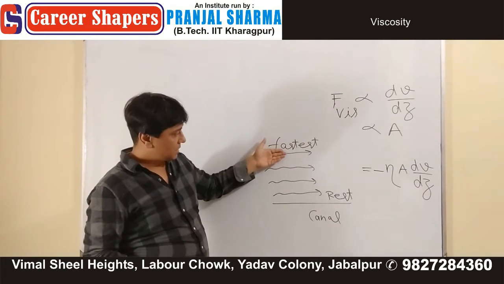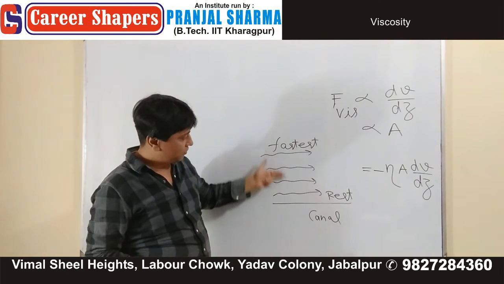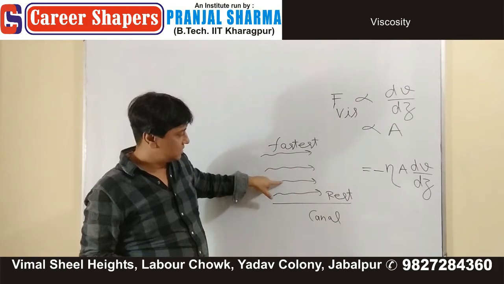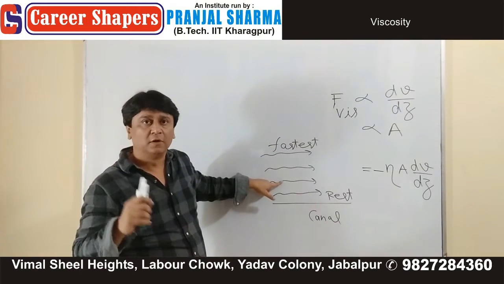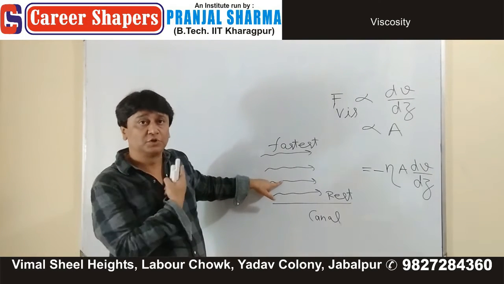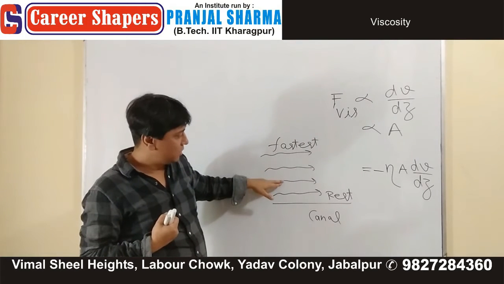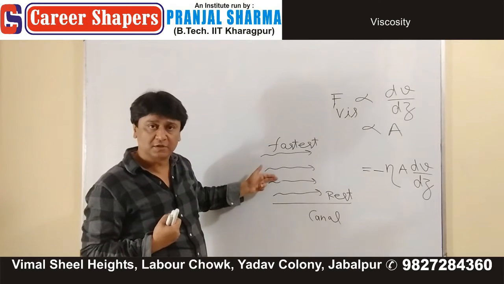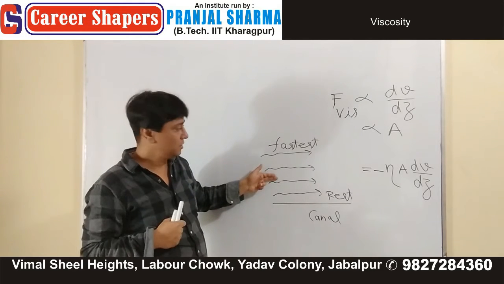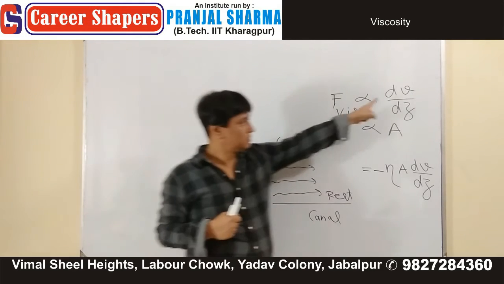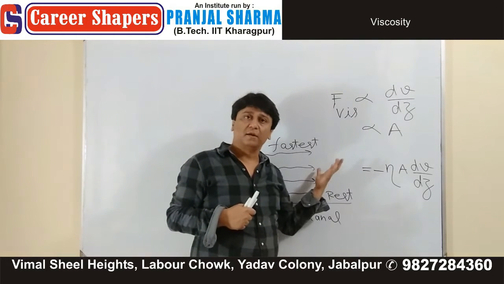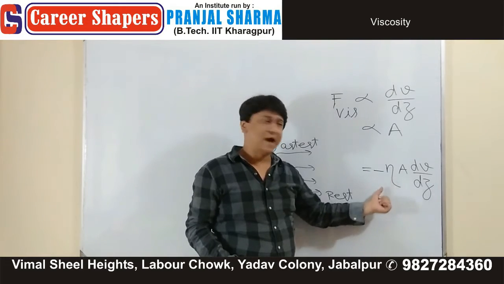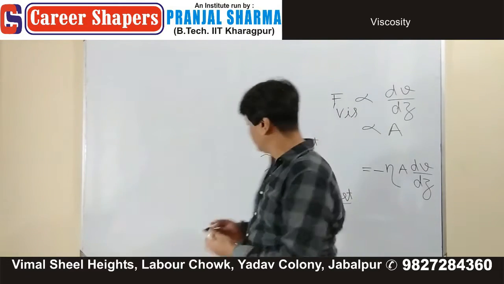And then if you go for this layer and this layer, and you ask the force of friction, which is viscous force, then it will depend on relative motion of this and this against each other. That relative motion is dV. So this is one effect of viscosity, where viscous force is simply called minus of eta A dV by dz.